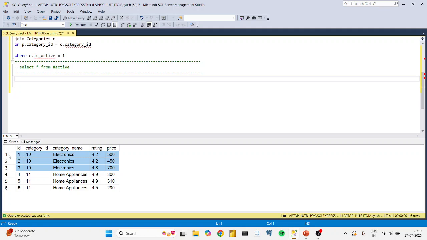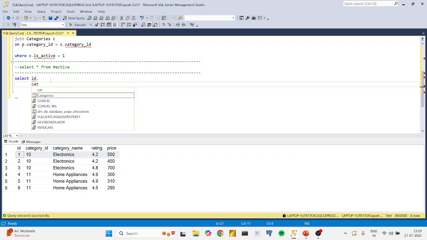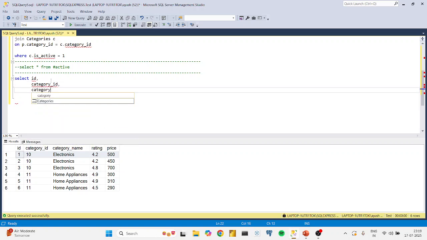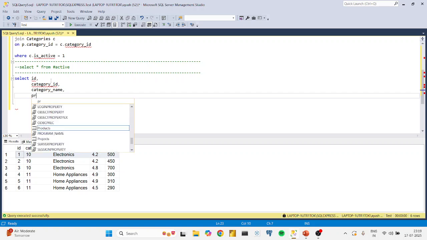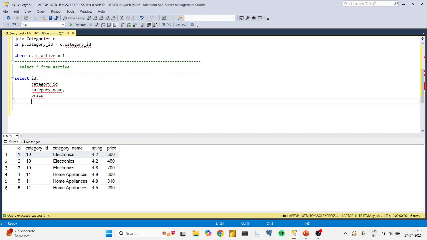So here we can see that if we are just going to write, let me write it, select id, category ID, category name, and price, and let's take the rating as well, and let's take the maximum price as highest price.